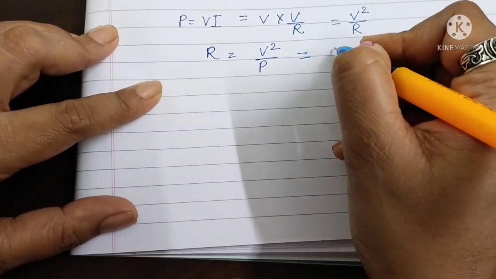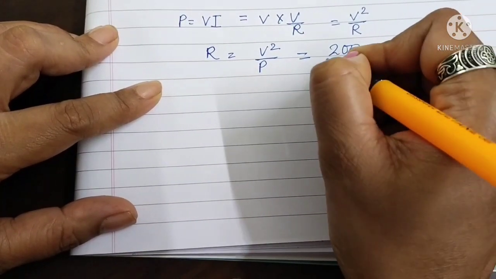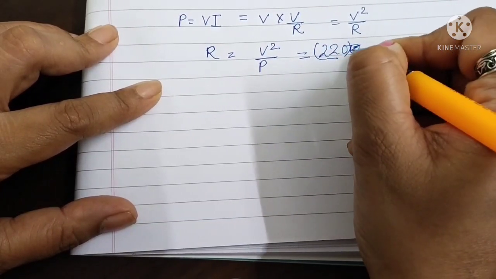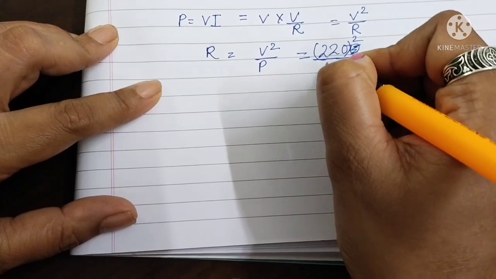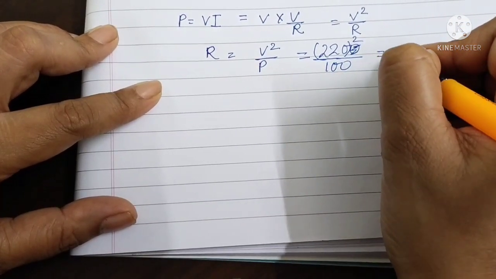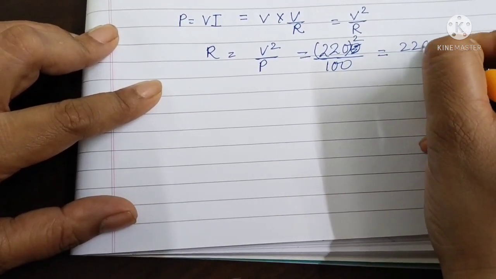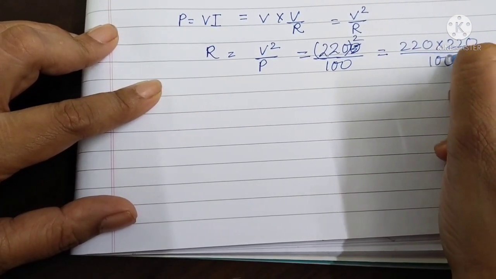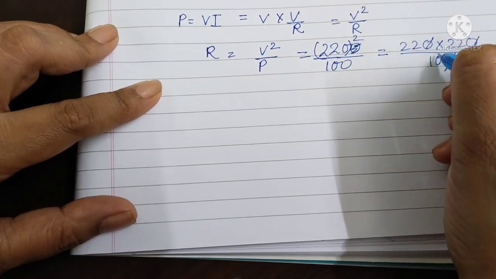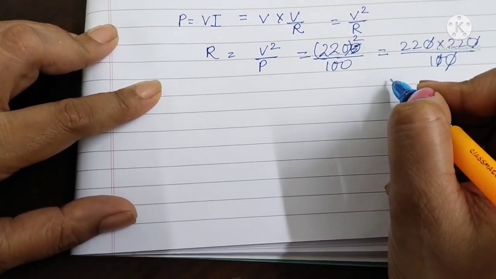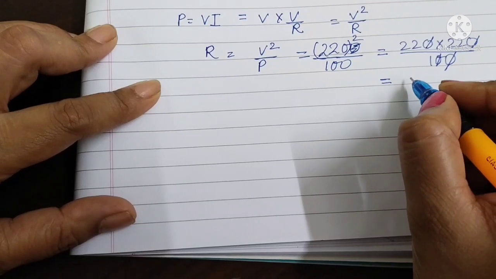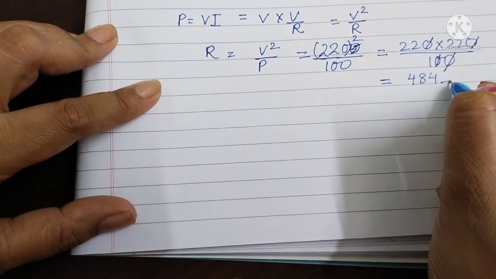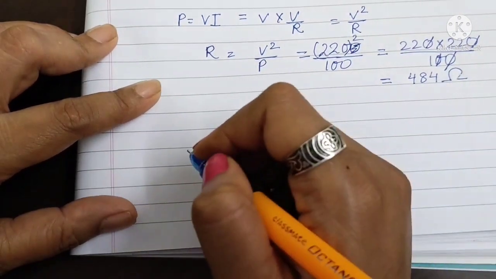Now we put the value of these two. Sorry, it is 220 whole square upon 100, and when we solve it, 220 multiplied by 220 by 100, then this 0 will cancel out, and we'll get 22 multiplied by 22, which is equal to 484, and the unit will be ohm.